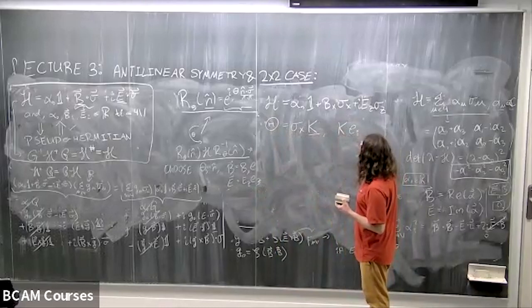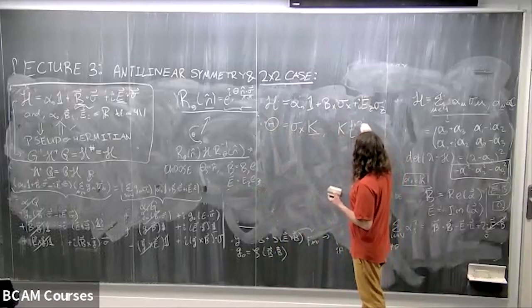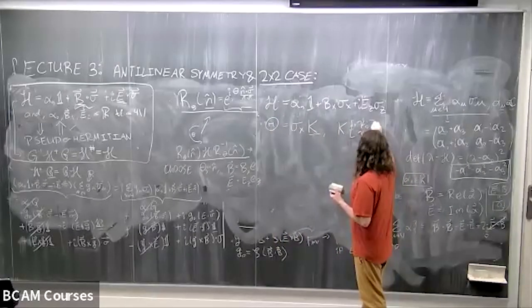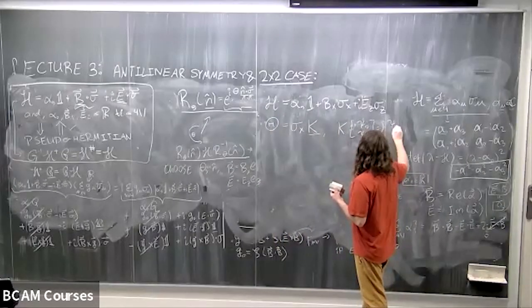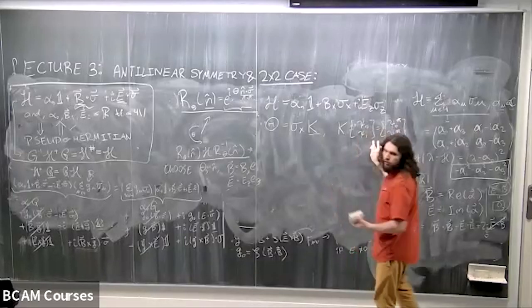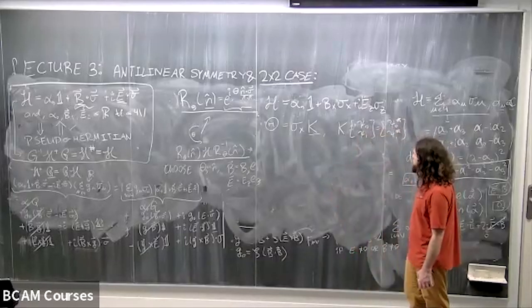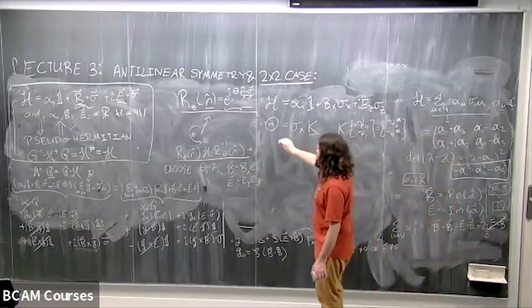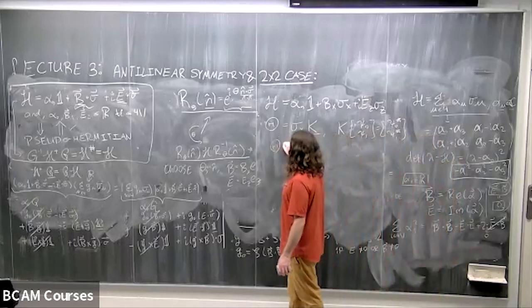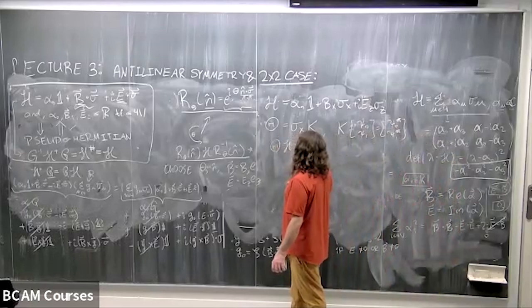So this acts as complex conjugation in the canonical basis. And so this means you have theta H, so you have alpha 0 theta.